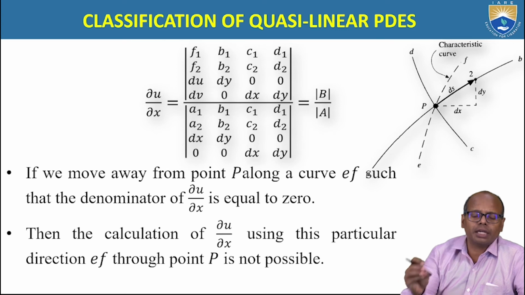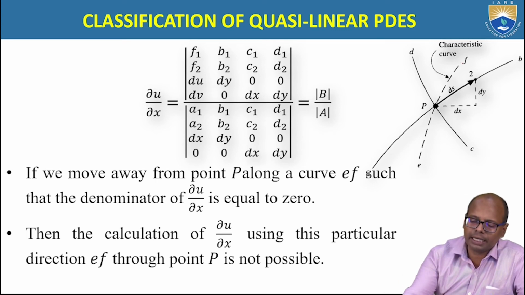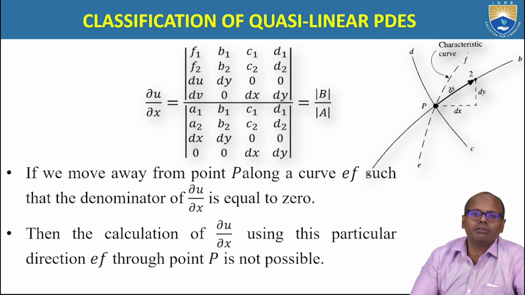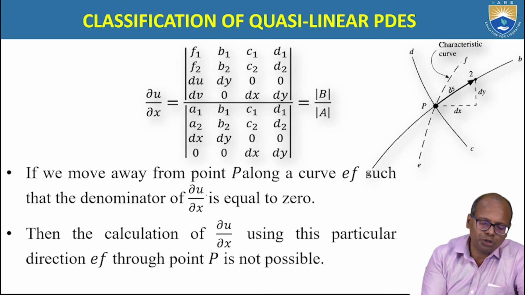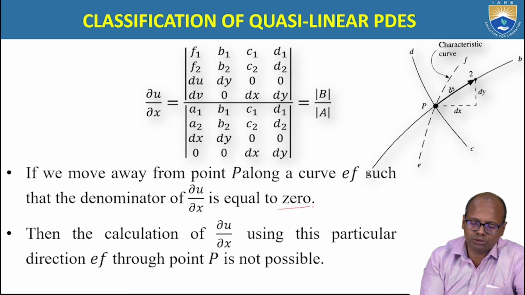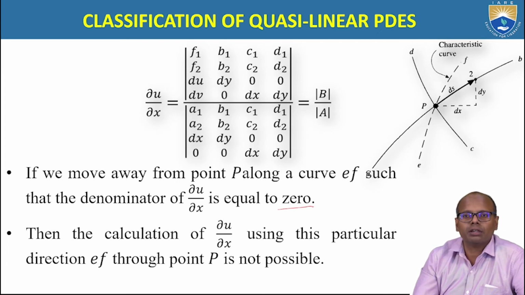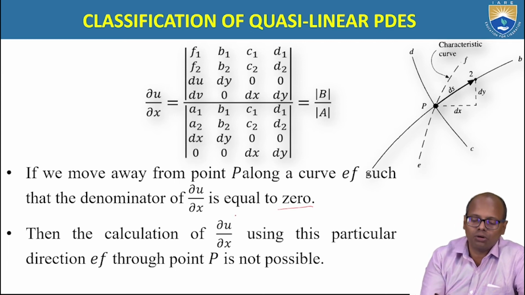Now there will be a curve called EF, and that curve is called the characteristic line.